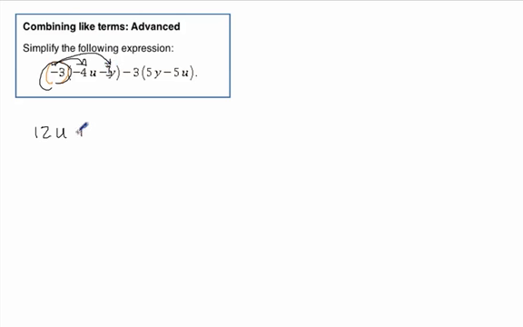That makes a positive 3y. Then we work this negative 3, distribute it, times the 5y. That makes a negative 15y. And the negative 3 times the negative 5u makes a positive 15u.